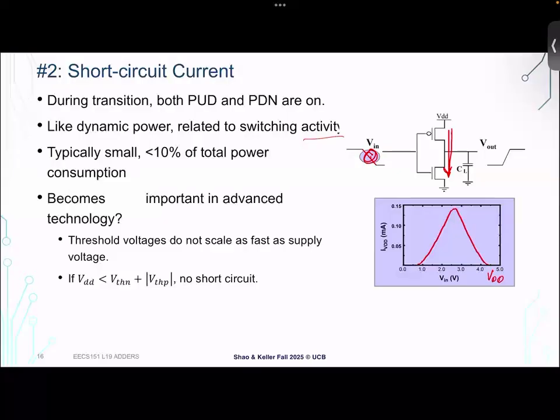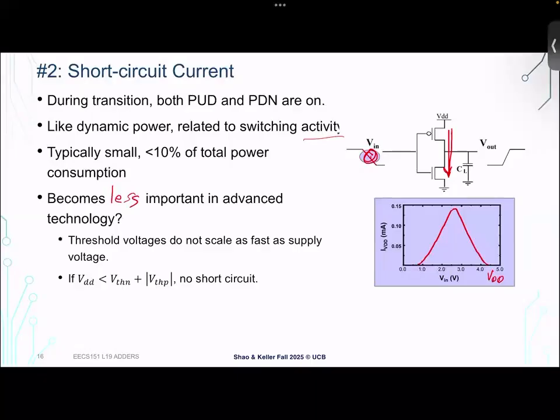As typical VDD has decreased from 1.2 to 1 volt to 0.8 to 0.6, the amount of time that both the PMOS and NMOS are exceeding their threshold and turning on those transistors is getting smaller and smaller. And so in modern technology nodes, this is becoming less important of an effect. We don't worry about it as much.